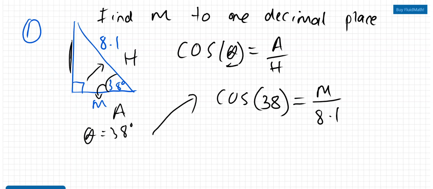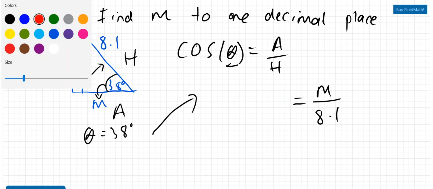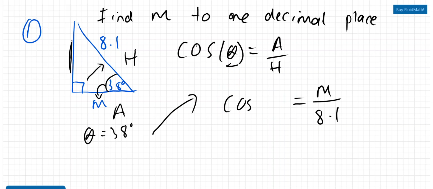Now I just want to point out something. Here we have the cosine of 38. Students get confused because they see letters and they think they're unknown variables. This whole thing here, cosine 38, is just a number.